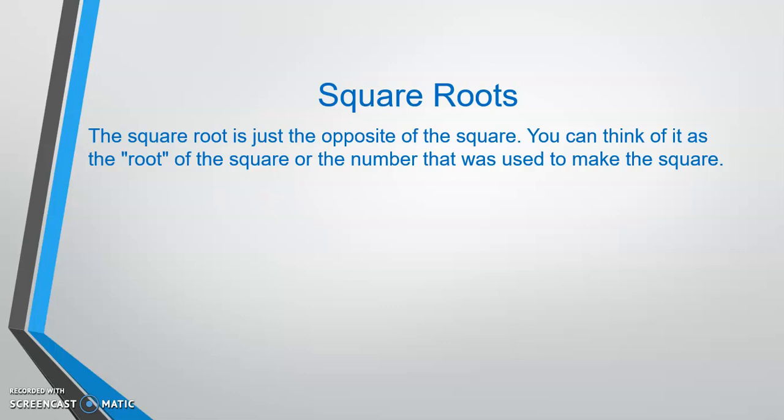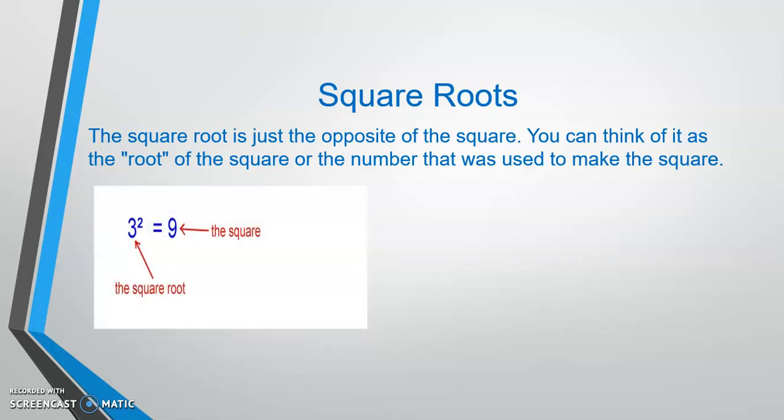So what is the square root of 9? That is, what is the number that we use to make 9? That's 3. So, the square root is what? 3. Why? This square is 9.